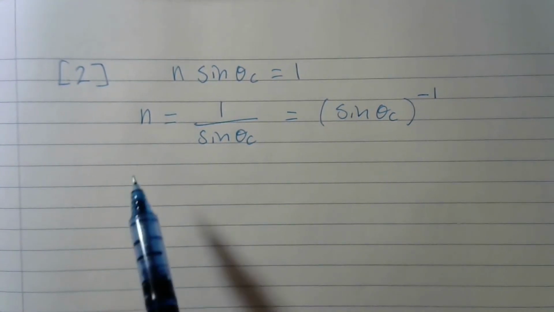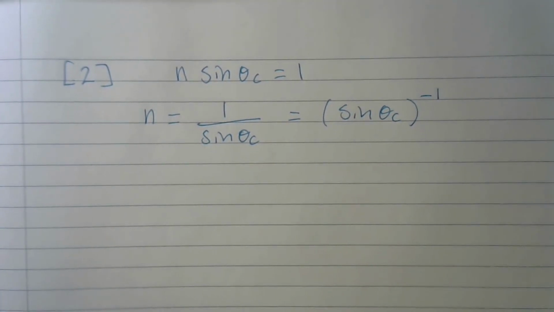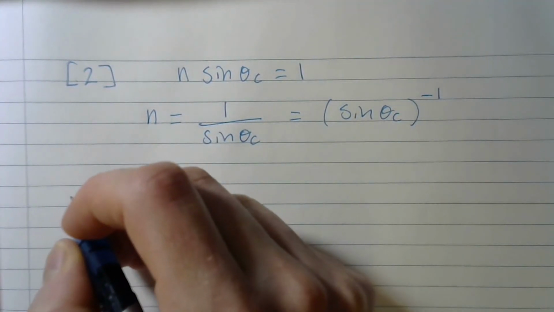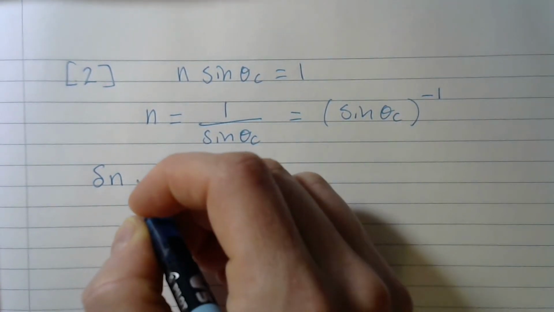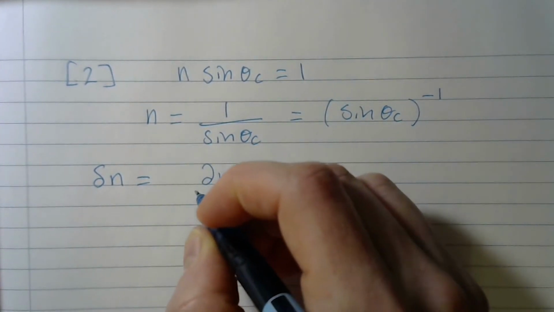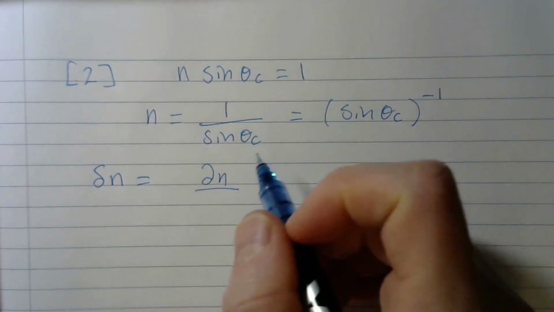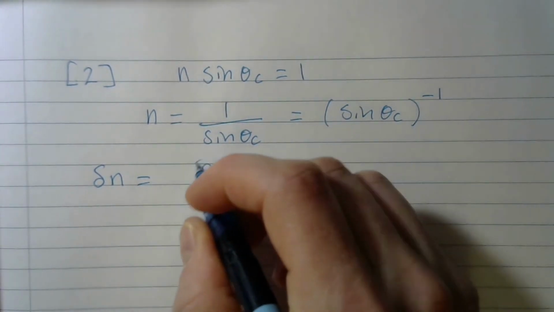Now, in this case, n only depends on one variable, so our uncertainty propagation will be a little bit easier this time. So writing out the general form using calculus, I have delta n is equal to the partial derivative of n with respect to my variable. My only variable is theta c.